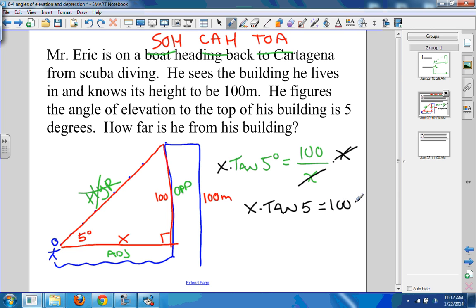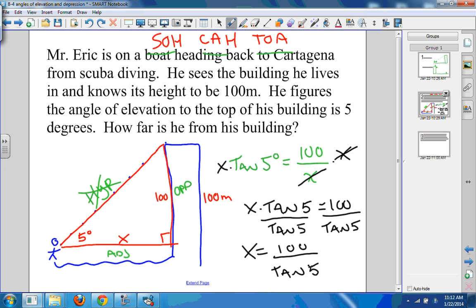So if I want to get x by itself, I need to do the opposite of multiplying by the tangent of 5 degrees to get rid of it, and that would be dividing by the tangent of 5 degrees. So if I do that on both sides, I get x is equal to 100 divided by the tangent of 5 degrees.